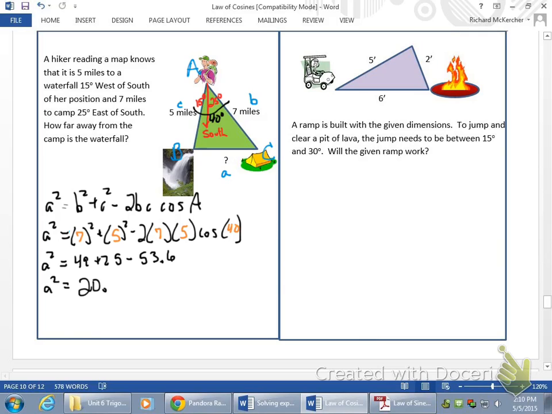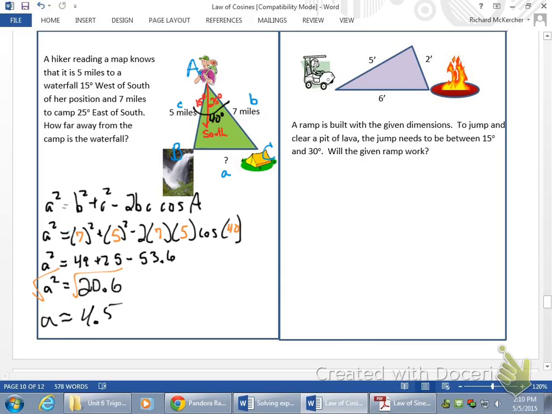And I end up with 20.6. And then to square root that, I would find out that a is about 4.5. So the waterfall and the camp are about 4.5 miles away from each other. Take your time going through this. Really take your time putting all of this line in the calculator at one time.